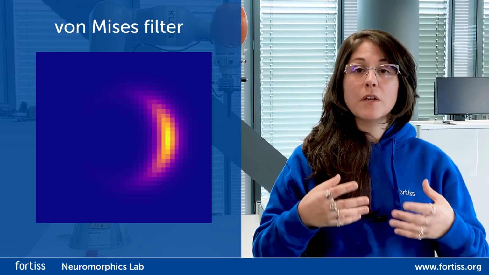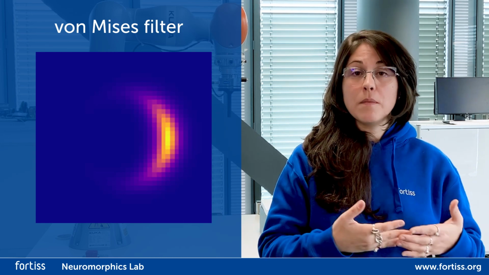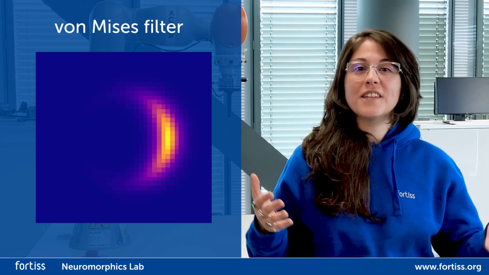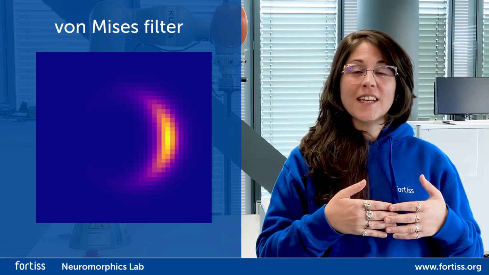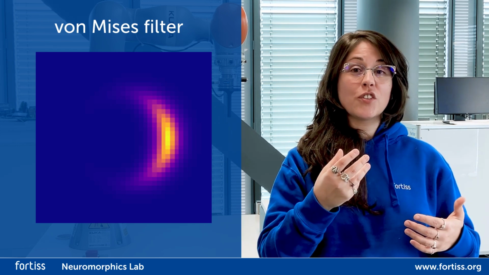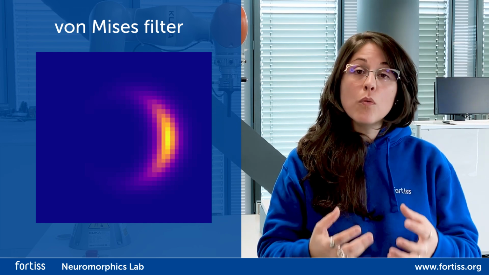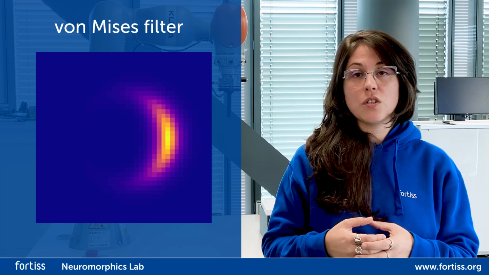So we can imagine taking a curved shape filter, and this filter is called the von Mises filter. It's a banana shape, you can call it as you want, half-moon shaped. But the idea is to take this filter at different orientations and then pool the information together from the different orientations.